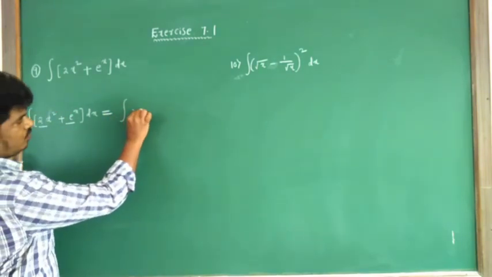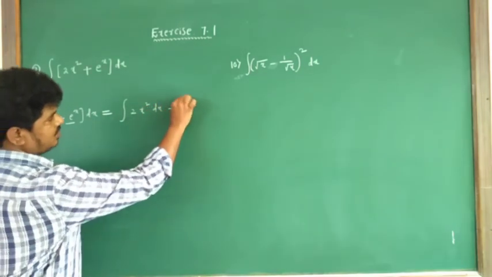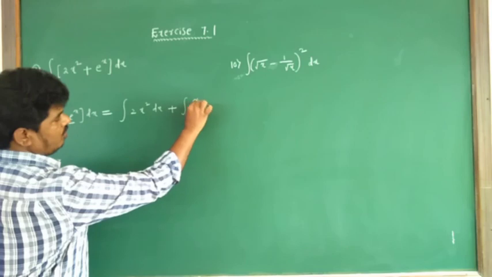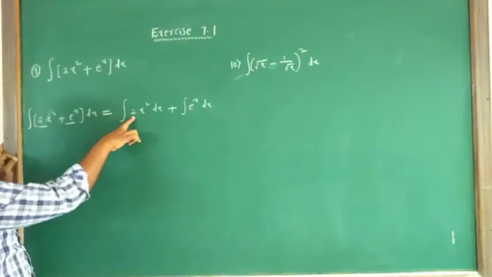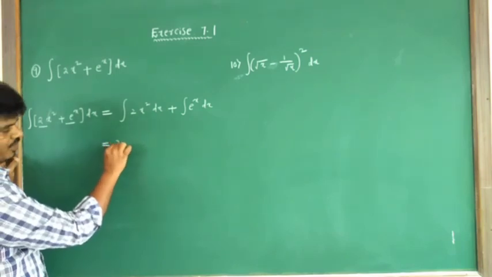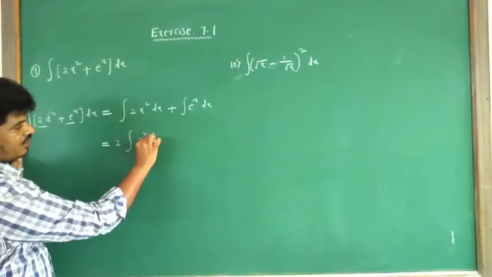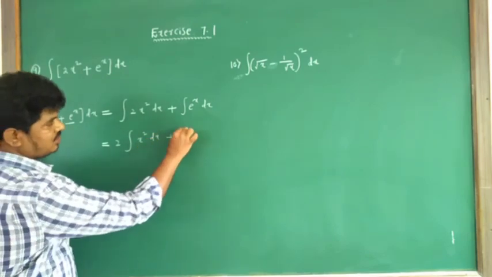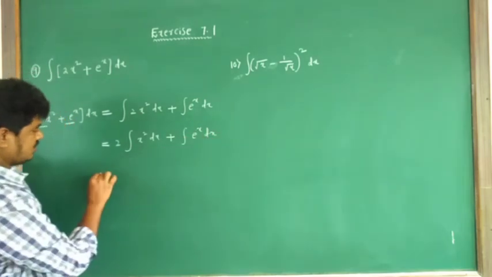So integral of 2x square dx plus integral of e to the power of x dx. Here 2 is the constant, we can take it outside from the integral. So 2 into integral of x square dx plus integral of e to the power of x dx.